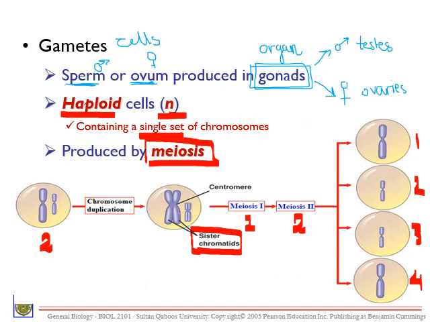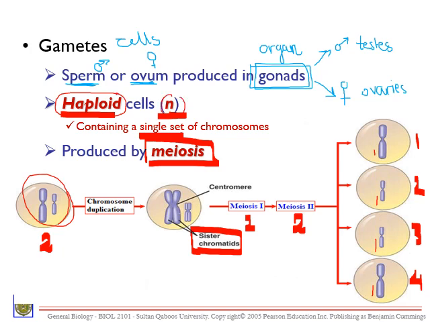Remember, in mitosis, we ended up with 2 cells. Here we ended up with 4 cells. Now, each one of these cells has how many chromosomes? Just 1 chromosome. We started with a cell that has 2 chromosomes, and we ended with cells that have 1 chromosome. So that's half the number, and that's why we call it haploid. Haploid, they have just 1 set.